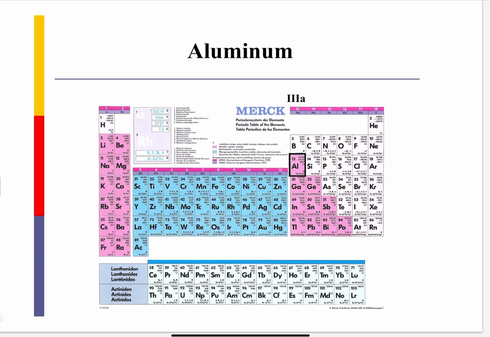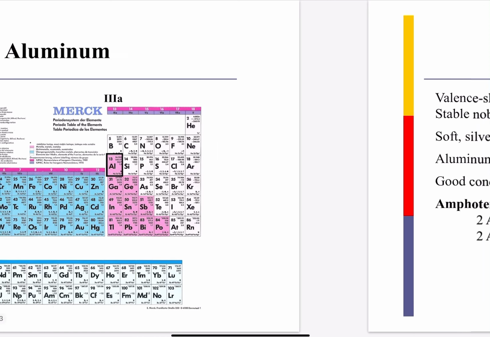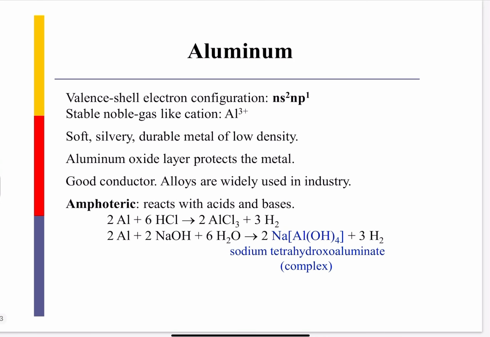The last group, group 3, is aluminum, a metal, as you see, and it has the electron configuration ns2 np1. In the last valence shell, it has 3 electrons. In the ground state, it has 2 electrons in the s and 1 electron in the p.